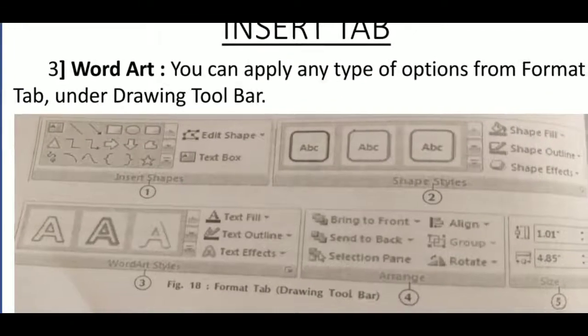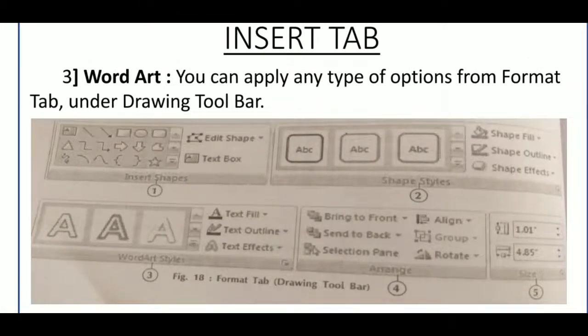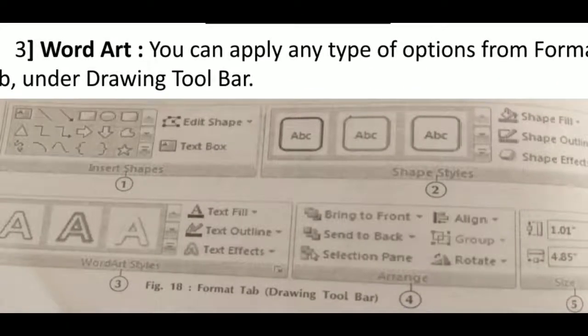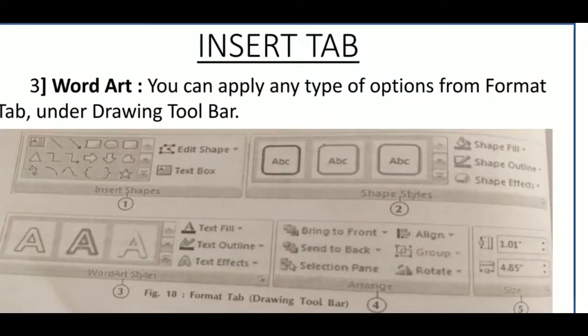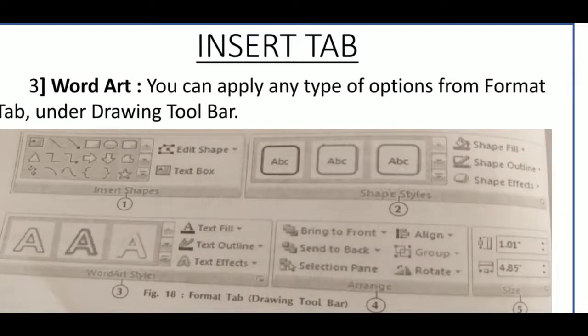Here different shapes are there, and here word art styles are there. You can fill the text, you can make the outline text, you can set the text effects, everything is there. You can bring to front, send to back, and use the selection pane.